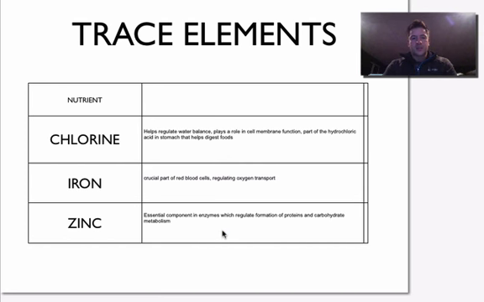So this, guys, is a quick run through of the inorganic substances in both plants and animals, and how they can cycle from plants to animals to us. Also talking about the difference between macronutrients, which are in large quantities in both plants and animals, and trace elements, which are in smaller amounts.